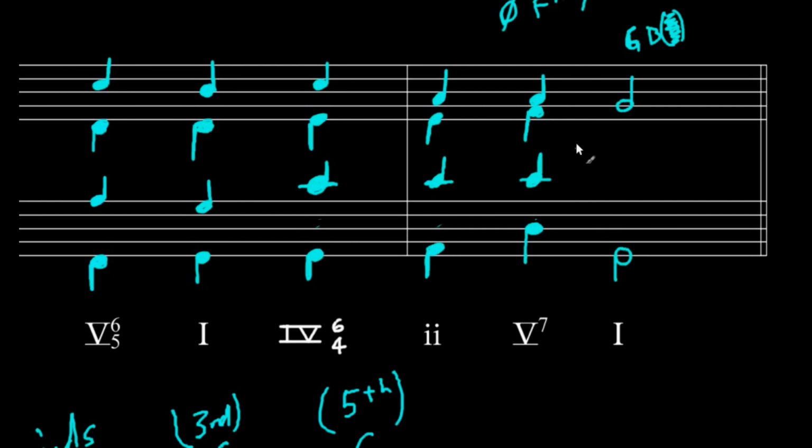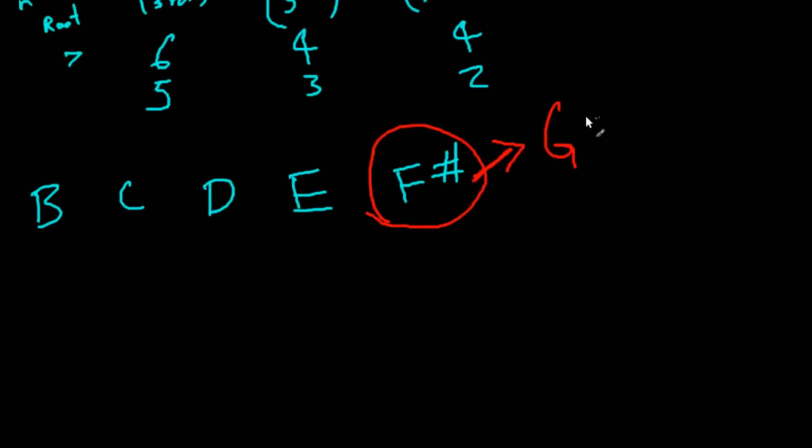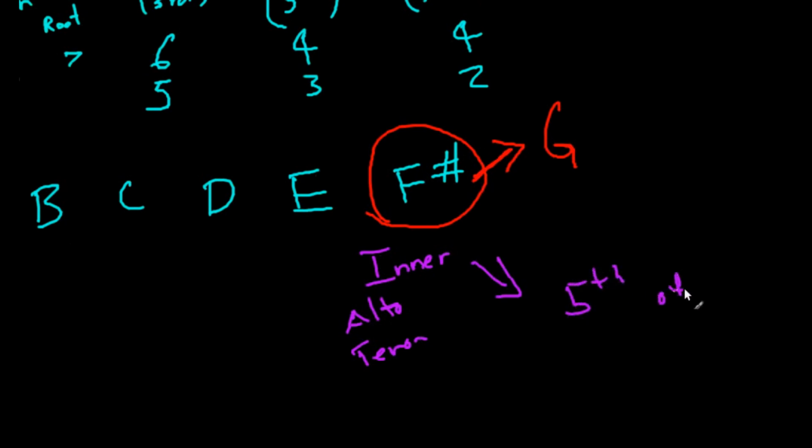So what you could do is that little trick I alluded to last video, where you can drop the leading tone down, because for every rule, of course, there's an exception. You can either go up to that, or if it's in an inner voice, which means alto or tenor, you can drop it down to the 5th of the 1 chord.